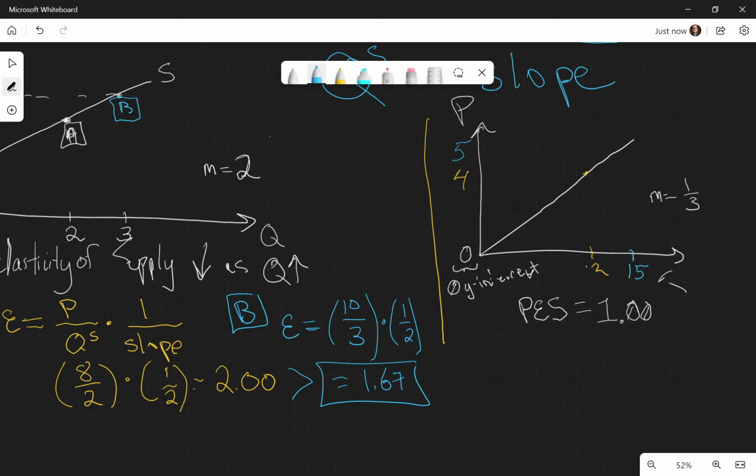We're running low on time and we still have our Kahoot. So I'm going to leave this as an exercise for you to do on your own. Do these price elasticity of supply equations on your own so that you can figure out that yes, the price elasticity of supply is in fact unchanging when the intercept is 0.